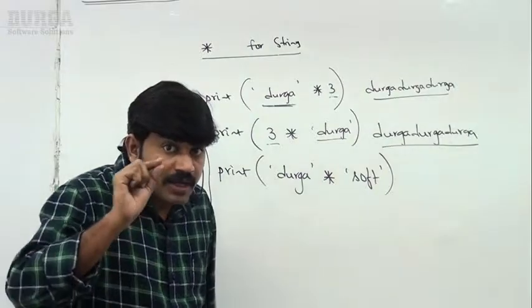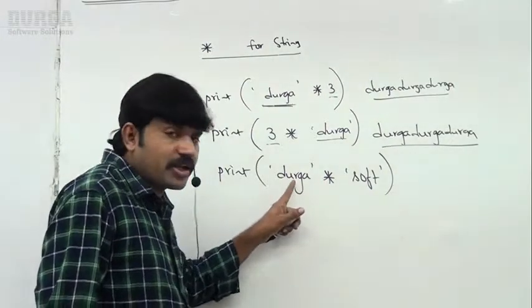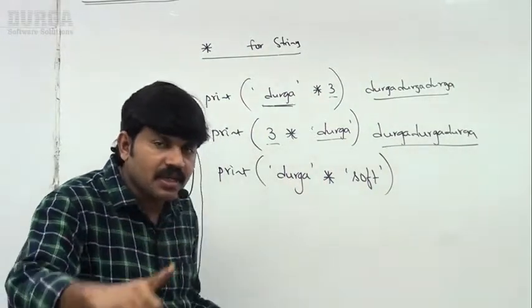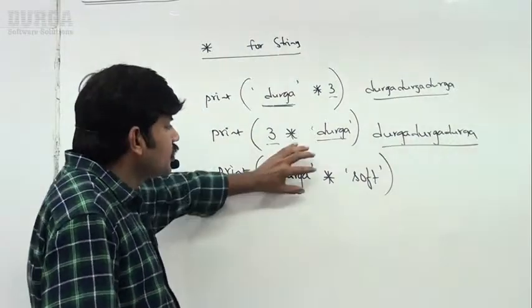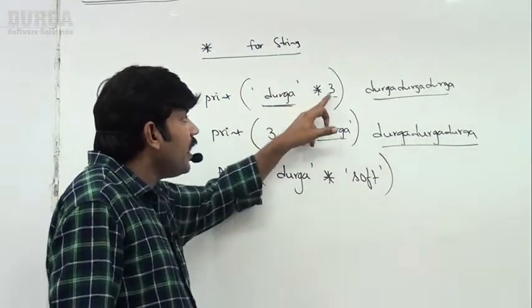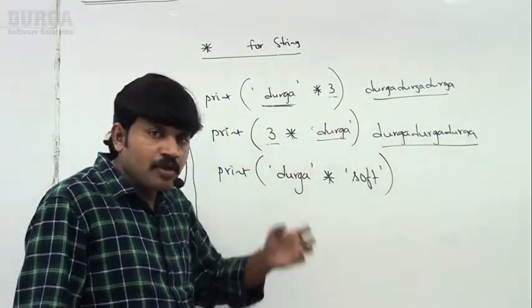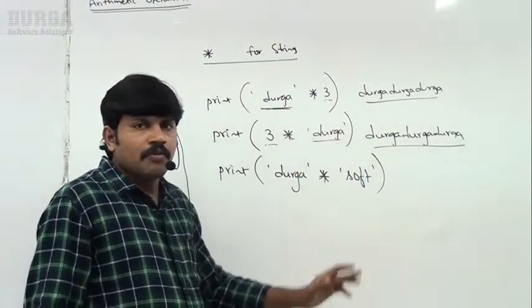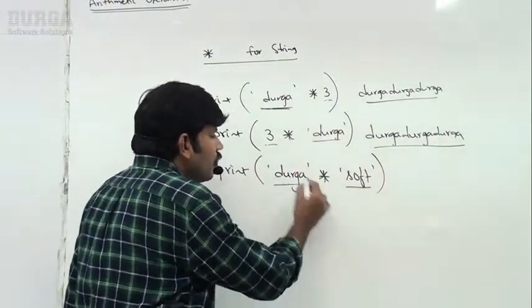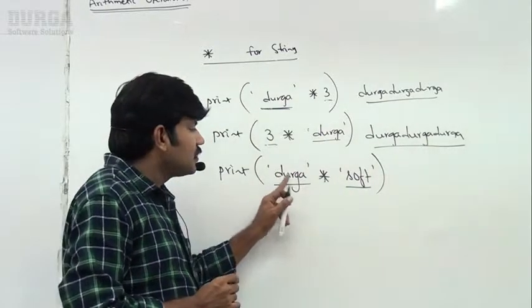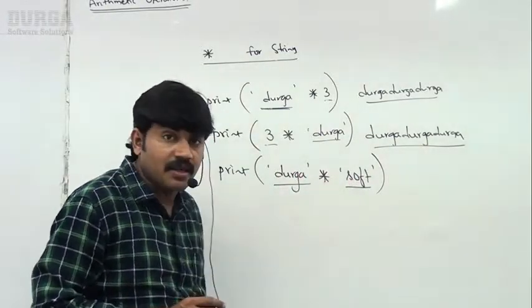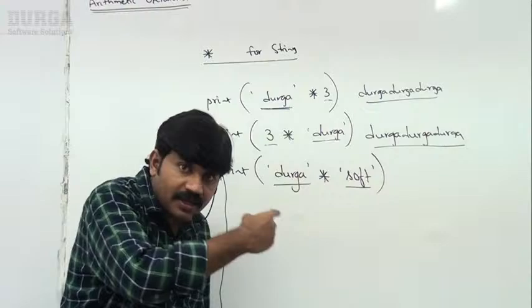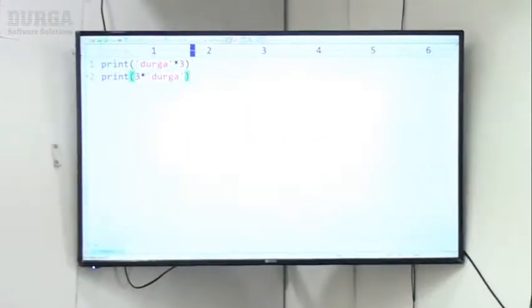The reason is, if we are applying the star operator for a string, compulsorily one argument should be a string and the second argument should be int type. But both are strings. You can't perform multiplication here. Immediately we are going to get the error. What is that error? Have a look once.